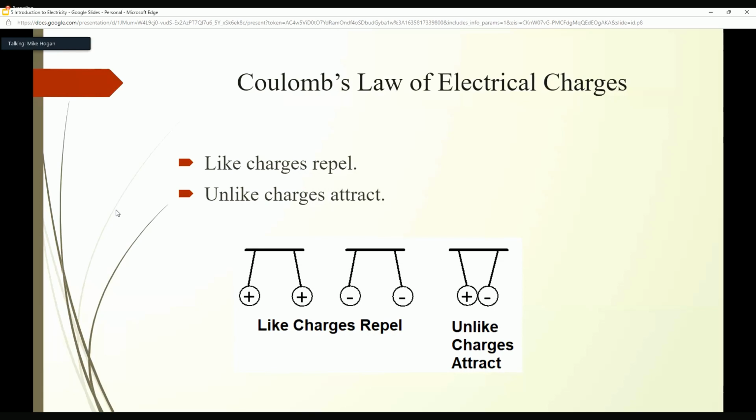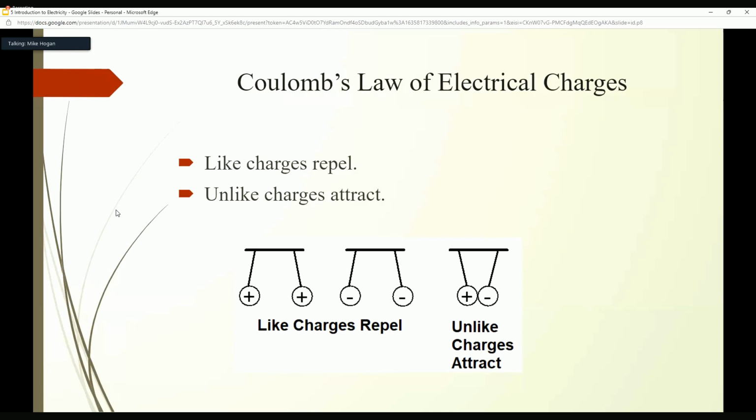And so by the use of Coulomb's law, if we've got a battery that has a negative terminal and a positive terminal, and we connect a conductor, and we saw that copper was a great conductor, but we also saw from a valence electron standpoint, it has one valence electron. So it doesn't take a lot to cause that valence electron to move from atom to atom.